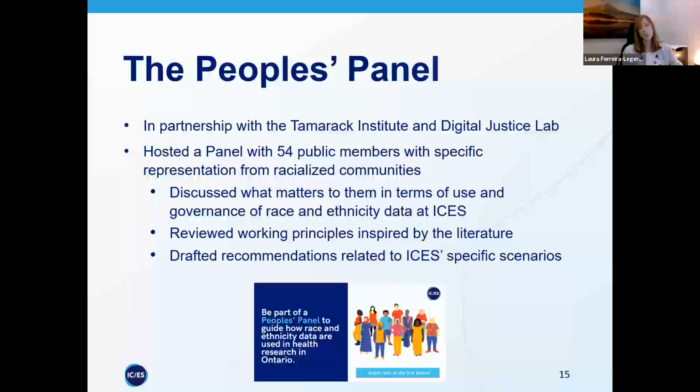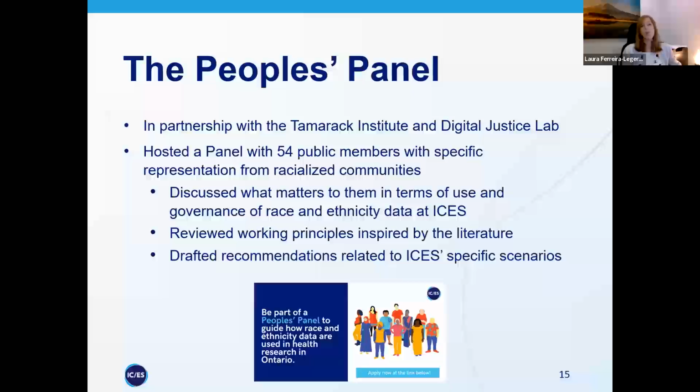Originally, last spring, a recruitment call was issued and members of the public directly applied to be involved. About 54 people replied to the call, and ICES sought to hear directly from them to understand their values and how this data should be used and prioritized.